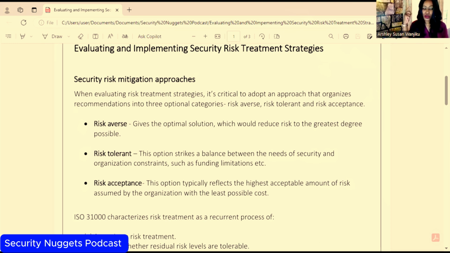Now, you can choose to take this risk-tolerant approach towards the residual risk. Risk acceptance. This option typically reflects the highest acceptable amount of risk assumed by the organization within the least possible cost, all right?